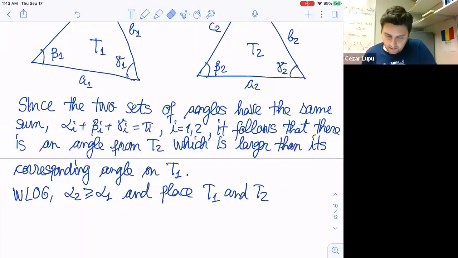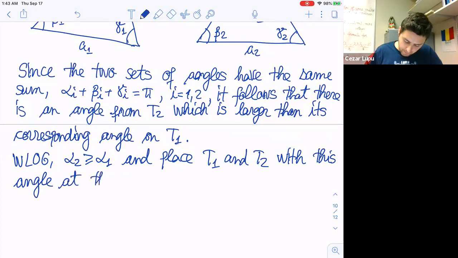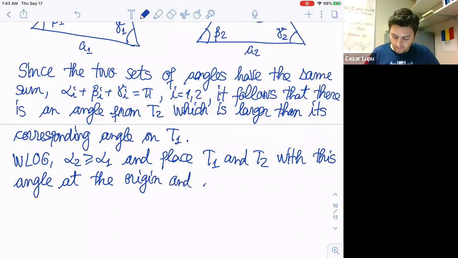Let's place T1 and T2 with this angle right at the origin, and the b sides on the x-axis.